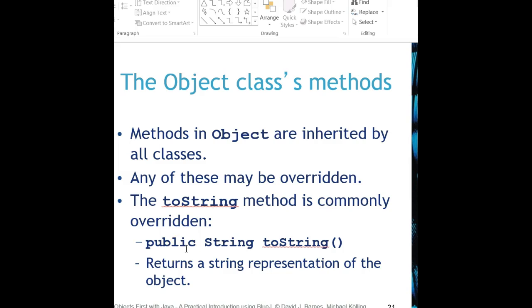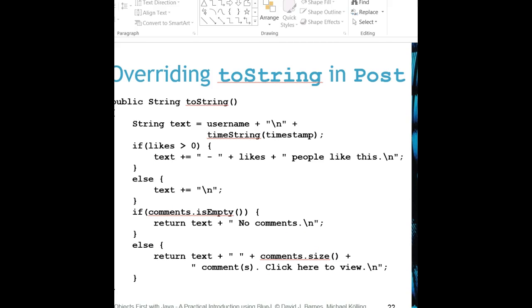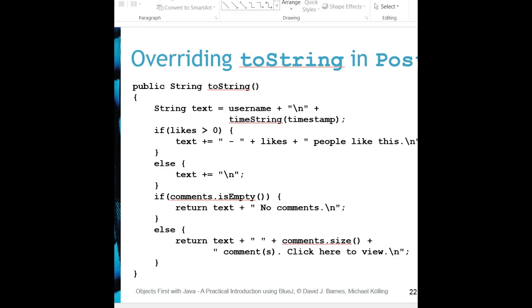So we write public String toString, which returns a string representation of that object. So let's look at this example, this code here. We write the toString method for post and message post in here.